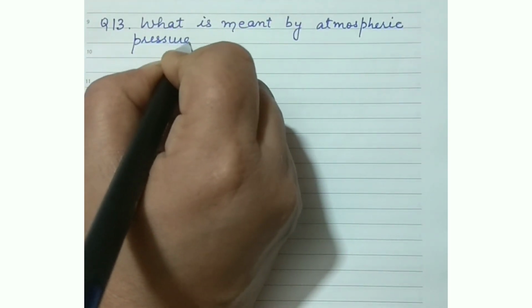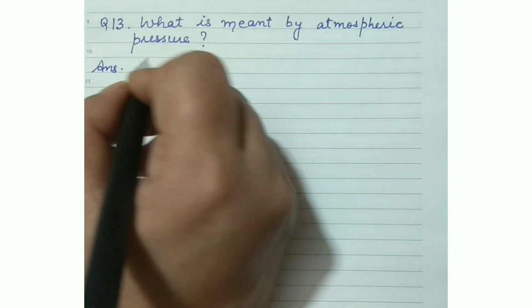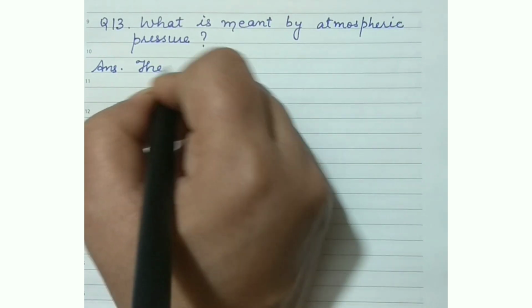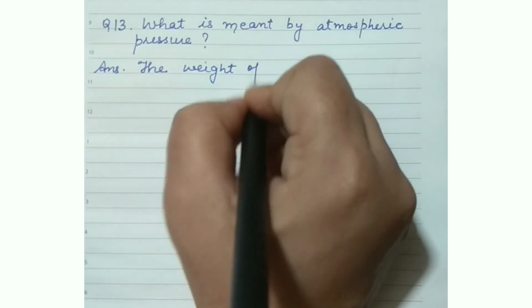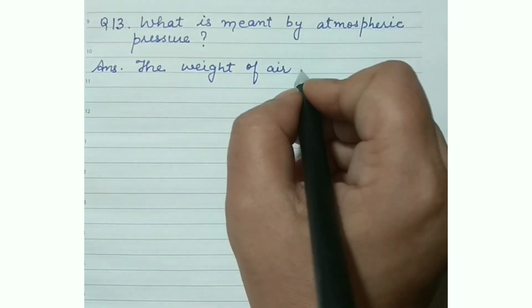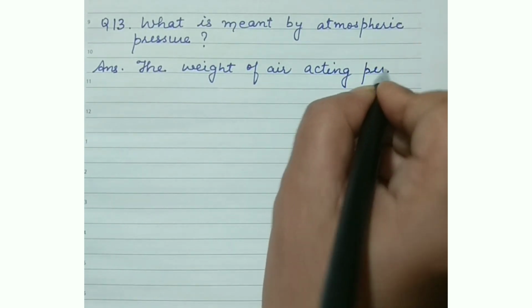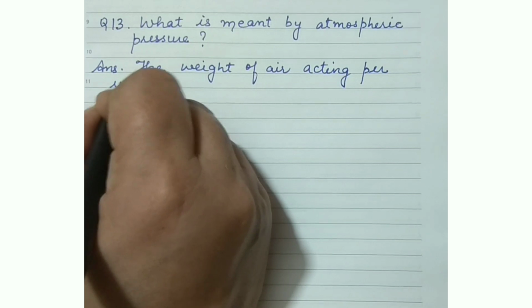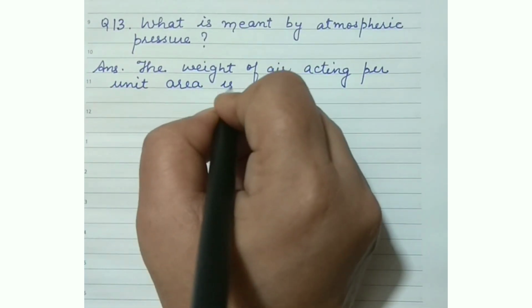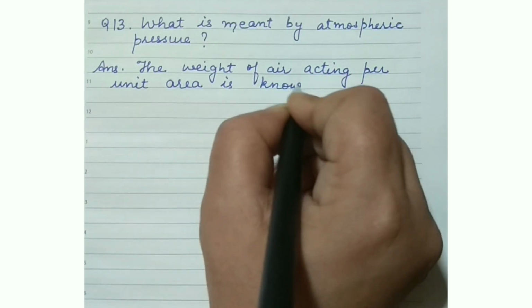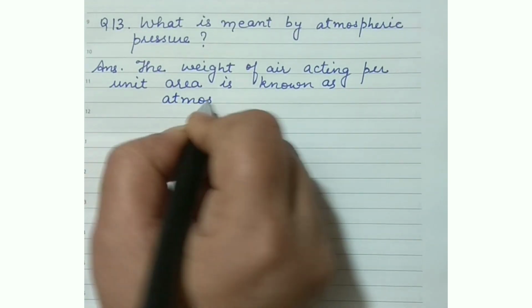Now, as you know that atmosphere is the envelope of air surrounding us, and the pressure exerted by this atmosphere is known as atmospheric pressure. So the answer is, the weight of air acting per unit area is known as atmospheric pressure.